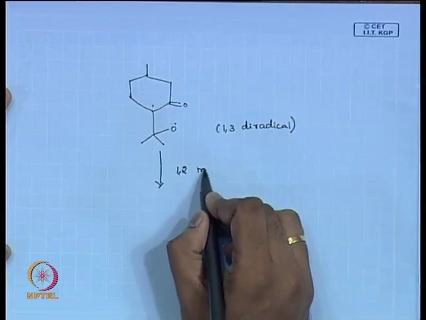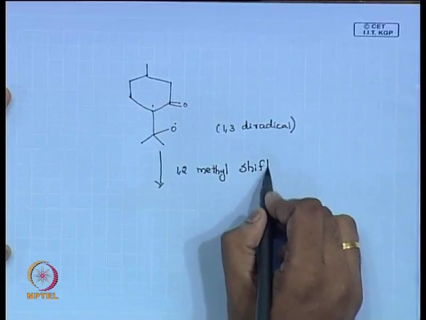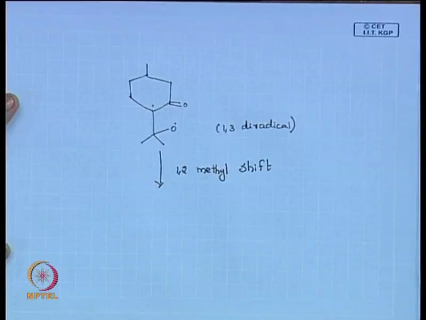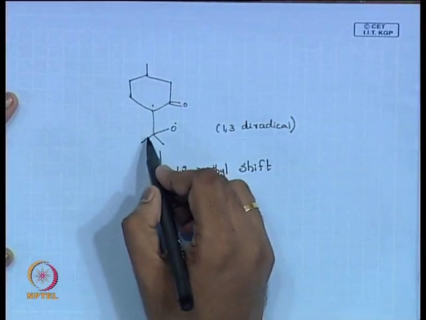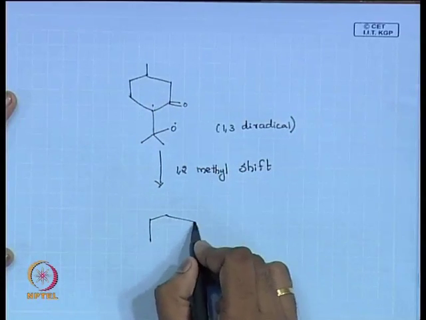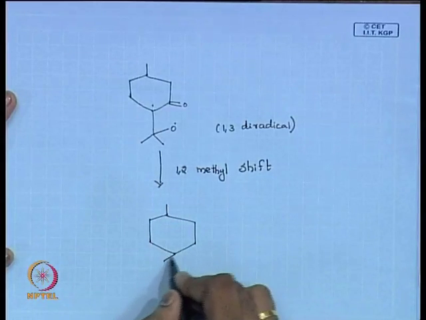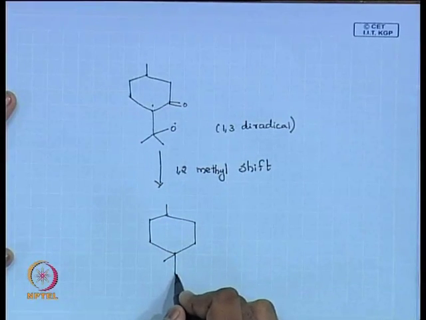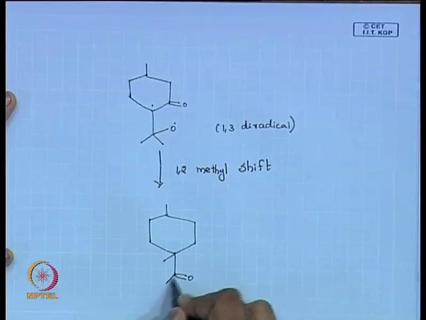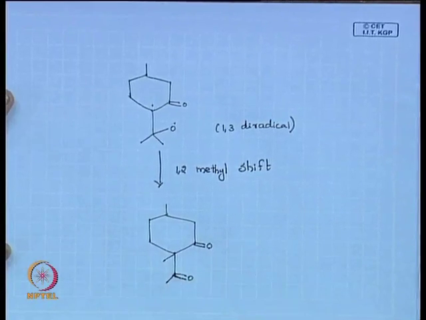So, it can do 1,2 methyl shift, so I can shift this methyl. So, I get a diketone type of system.